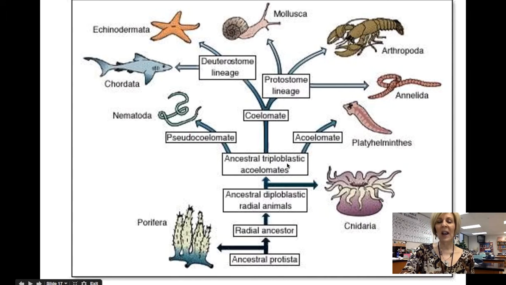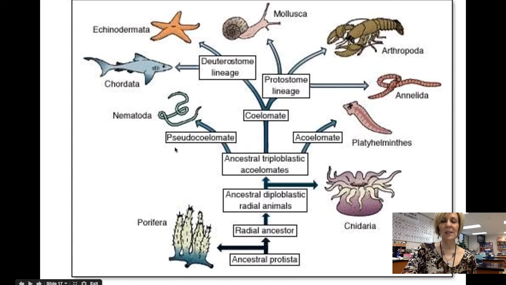And then we have our ancestral triploblastic acoelomate. So triploblastic, remember, means that there are three germ layers: ectoderm, endoderm, and mesoderm, but they are acoelomate, so they have no body coelom. So here are flatworms like our platyhelminthes. There are some parasitic organisms that are in this category.